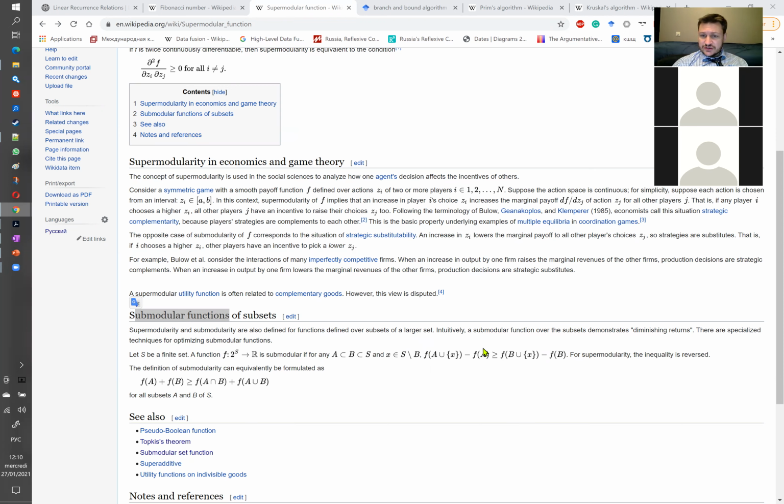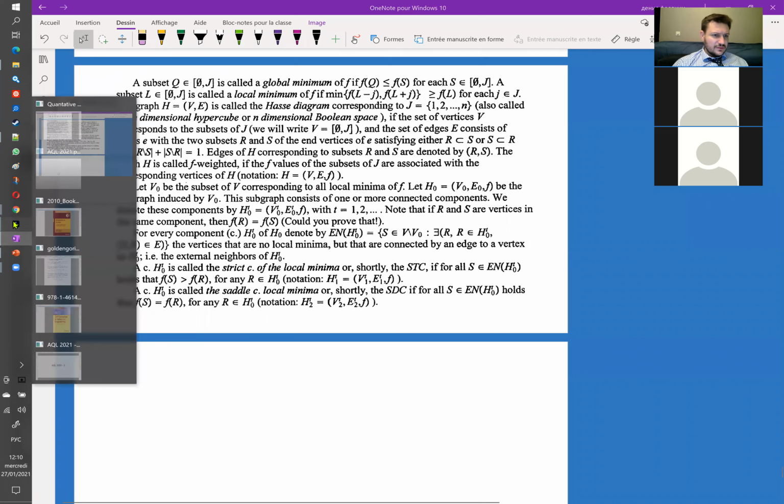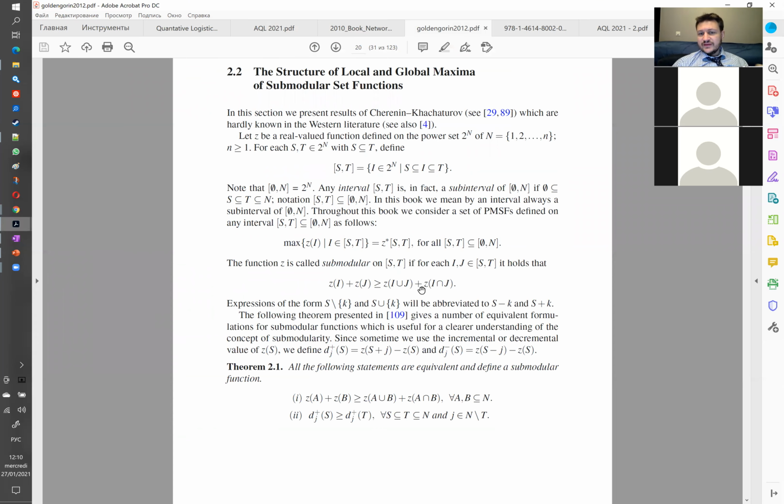And you have a condition here. We have discussed it before, and we have an equivalent definition here. As you can see, we see here that expression. So it's the same that we have discussed before, but it is rewritten in another form here.